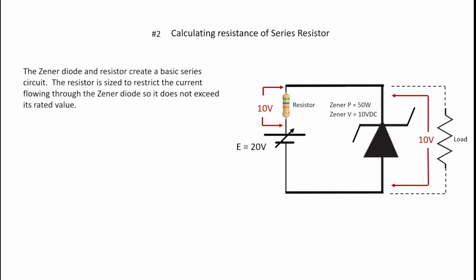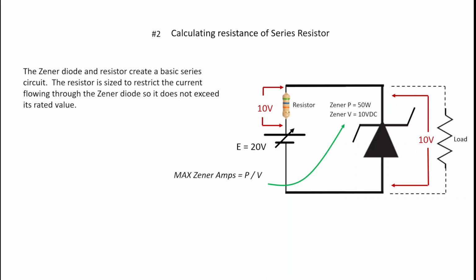Now, the second calculation would be calculating the resistance of the series resistor. The Zener diode and the resistor, again, create a basic series circuit. That means the resistor is sized to restrict the current flowing through the Zener diode so it does not exceed its rated value. Now, we don't have a current value for our Zener diode. So what we're going to have to do here is determine the current based on the wattage and the voltage of the Zener diode.